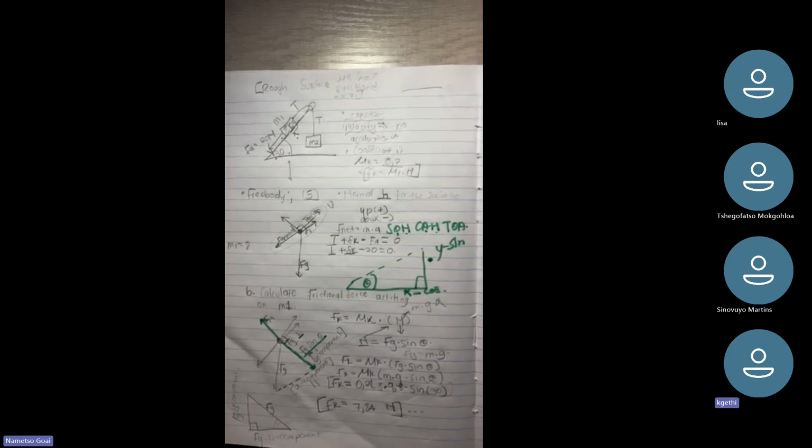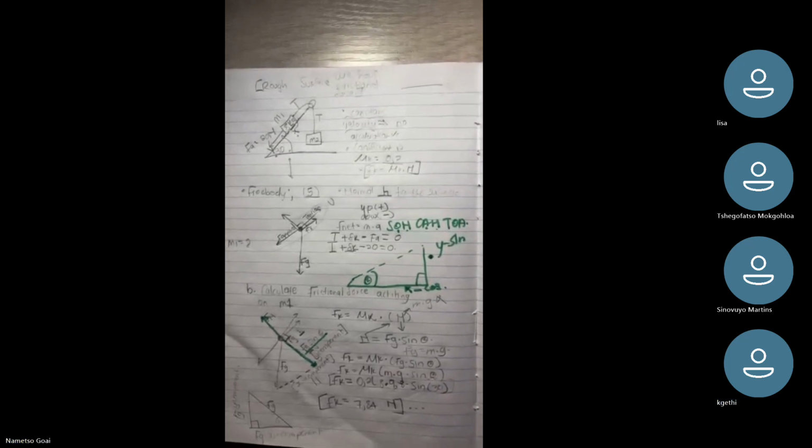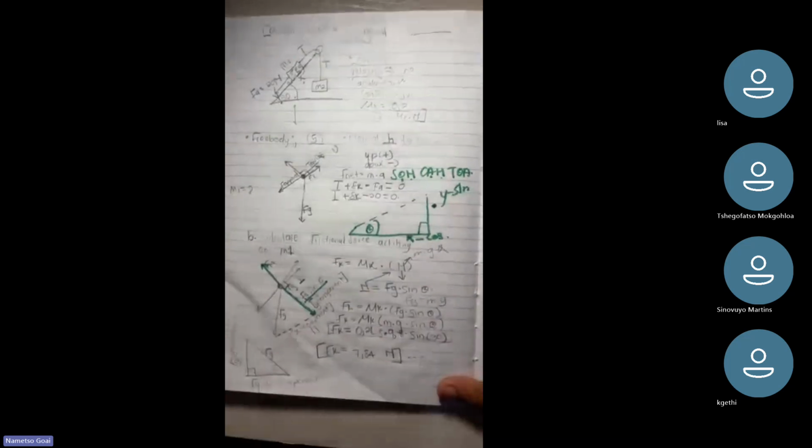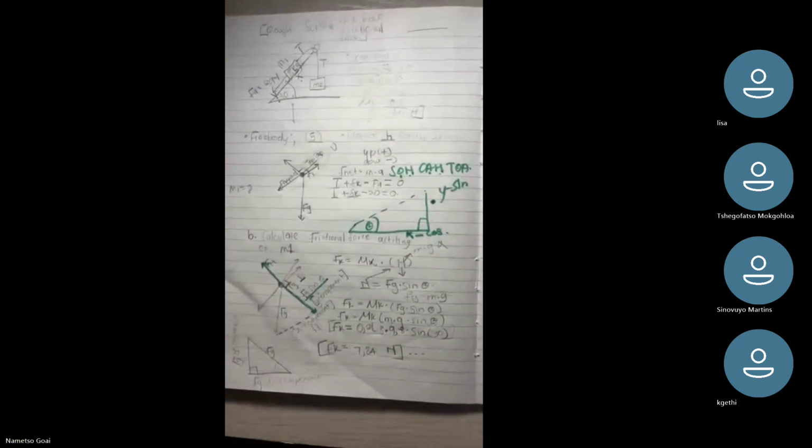Wait, let me just properly fix it. Is that okay? Further down, please. Like down like this or down like this? This is A, this is B. Which one? B. Okay, correct.